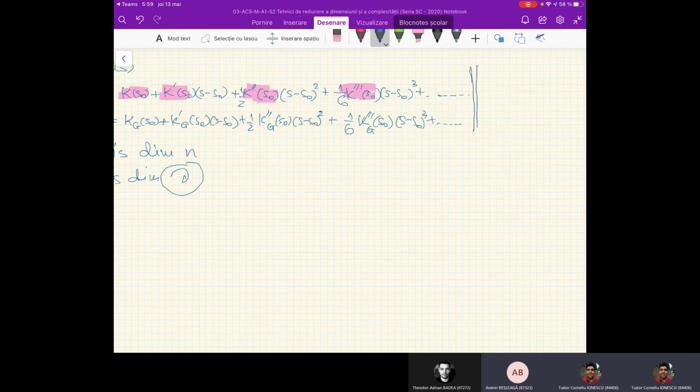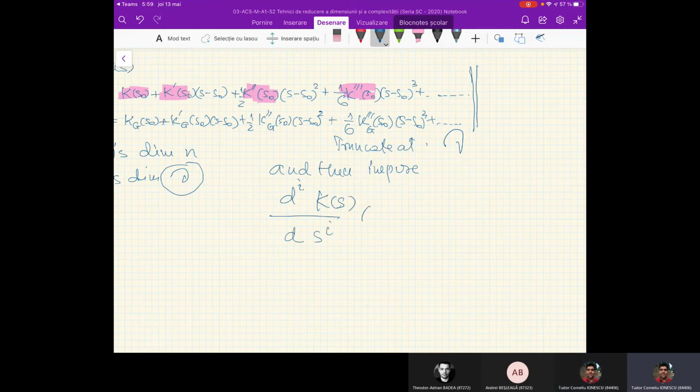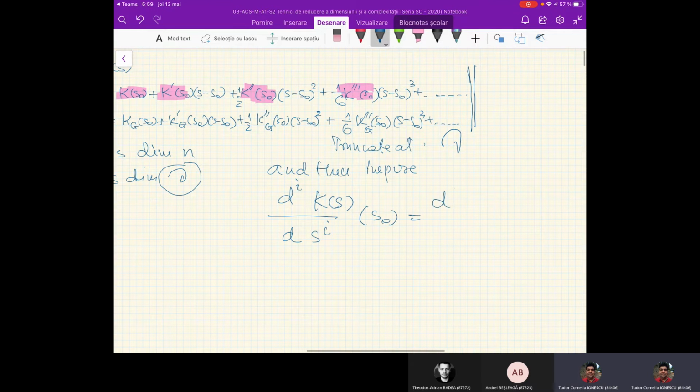You truncate both series at ni, okay? And then impose the differentials DI of KS, DSI, evaluated in S0, equal to DI of KGS, DSI, in S0.